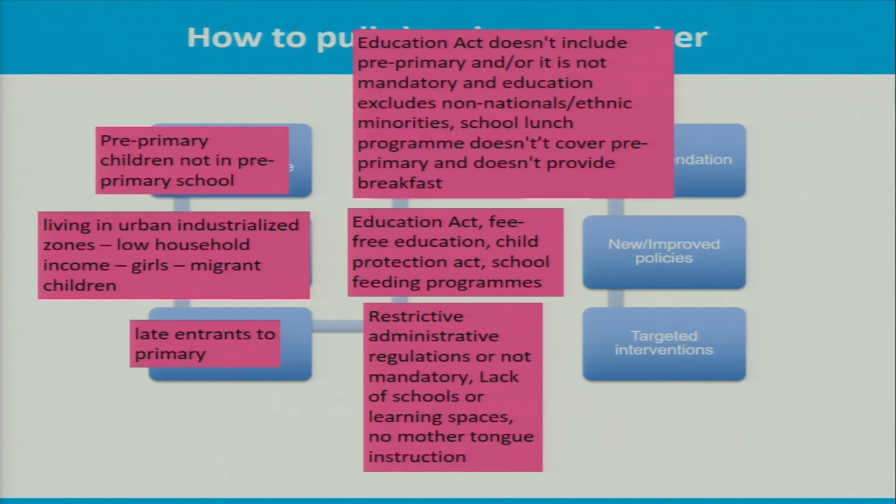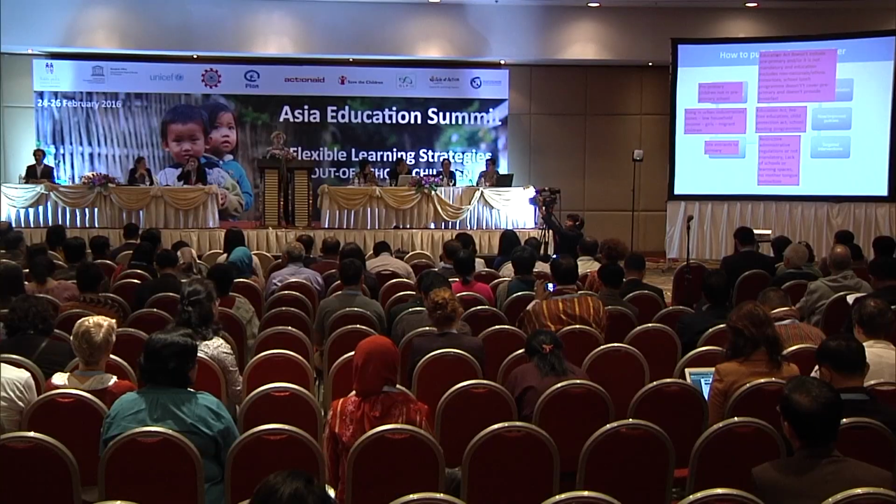And then we look at the efficiency. So maybe the Education Act doesn't include pre-primary, maybe it does, but it's not applied, or it's not communicated, or it's not offered in certain remote communities. It could also be that, for example, if we look at pre-primary, there are no feeding programs, so the school feeding program or school lunch program has to be extended to pre-primary.